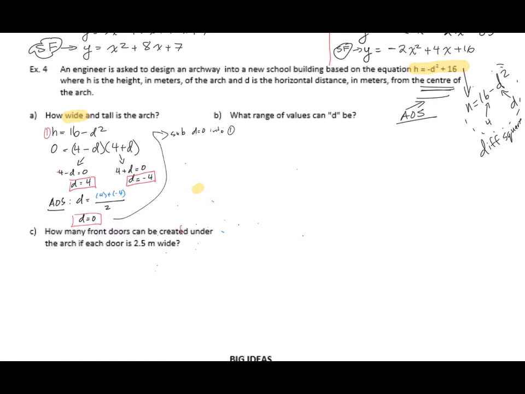By doing so, we end up with h is equal to 16 minus 0 squared. Uh-oh, the h value is 16.